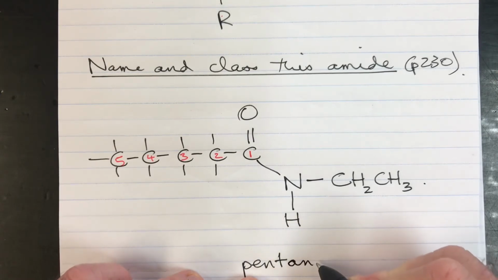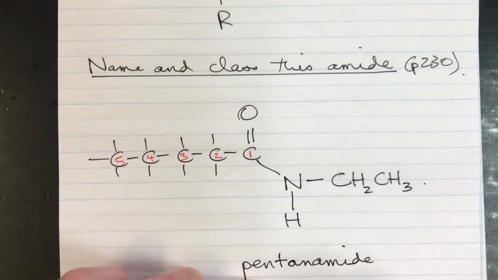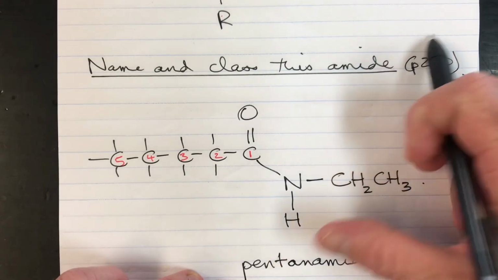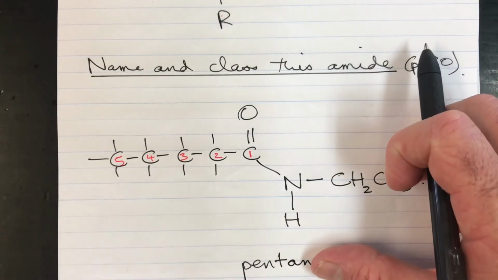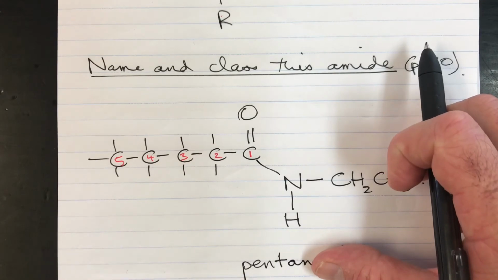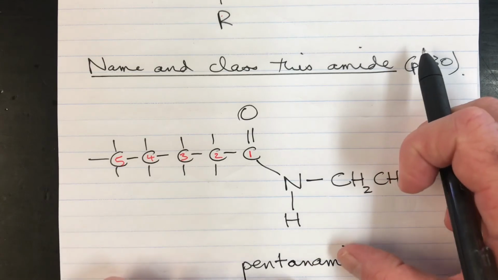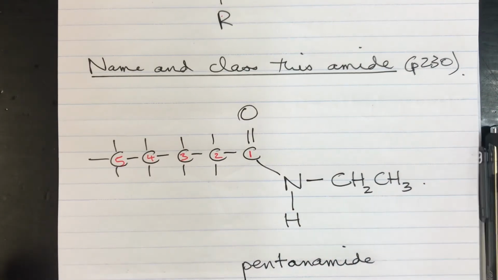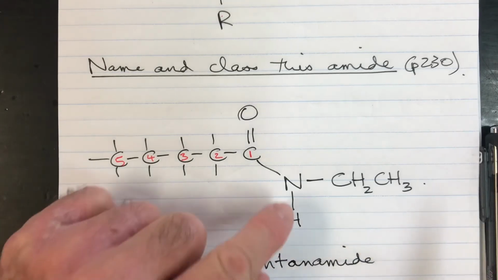If you forget, if you just put pentamide, that's wrong, because remember, you write the alkane part, pentane, but the E is replaced with amide. So it's a pentanamide.